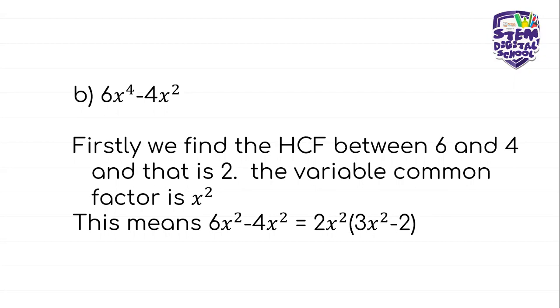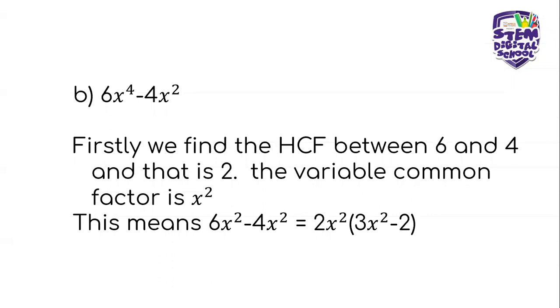So this means that if you write 6x to the power 4 minus 4x squared, you simply take out 2x squared, and then you'll be left with 3x squared minus 2. If you want to test whether your answer is correct, you multiply everything inside the bracket by 2x squared.